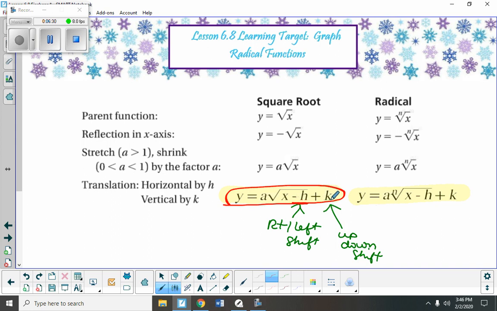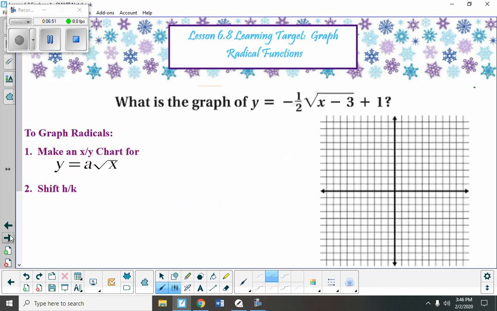So if it's positive, it shifts up. If it's negative, it shifts down. And that pattern works with all radical functions. And the a value is your shrinking or stretching: it's going to either flatten it or it's going to go up higher and faster.